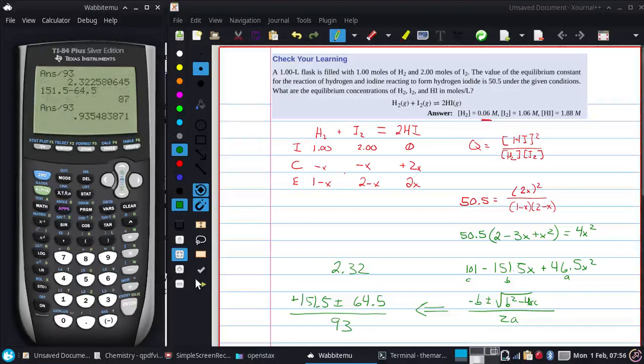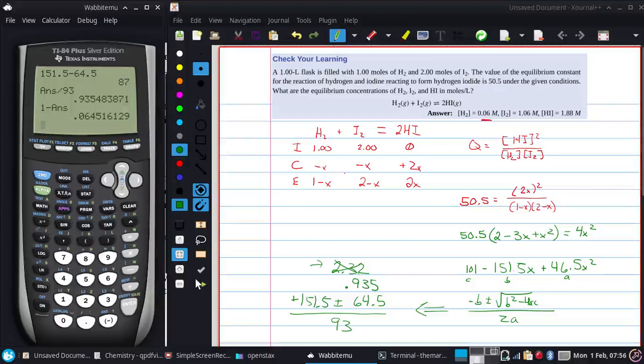My second root is 0.935. All right, that first root doesn't work because we'd end up with negative values for the H2 and the I2. So our x is this 0.935. And 1 minus 0.935 does round to 0.06, which is where this came from.